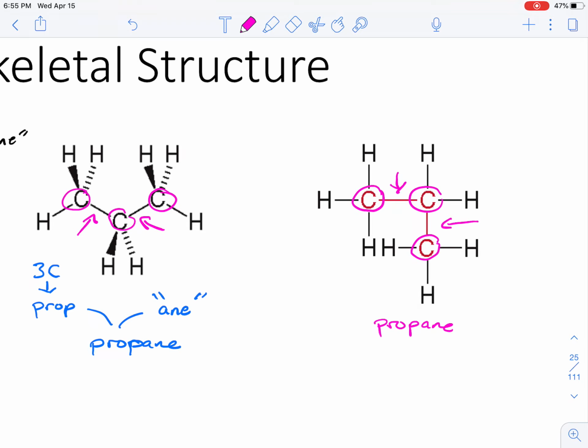The way on the left-hand side with the bold and the dashed lines is showing the 3-dimensional geometry of this specific organic compound. Whereas the structure on the right, where there are no bold or dashed lines and they're all normal lines, is the expanded structure, which is also describing propane.